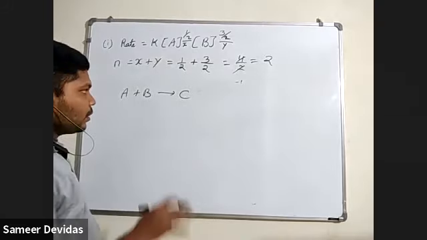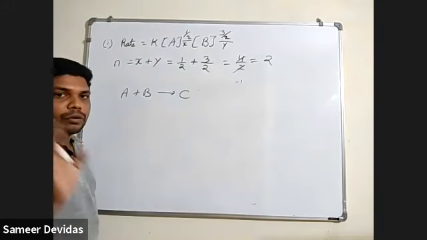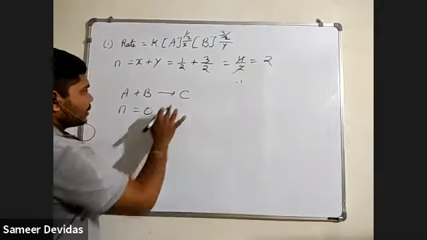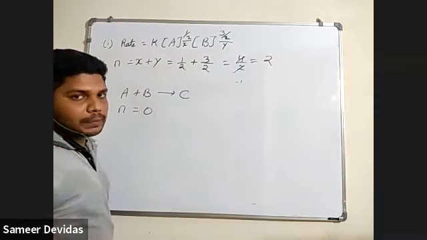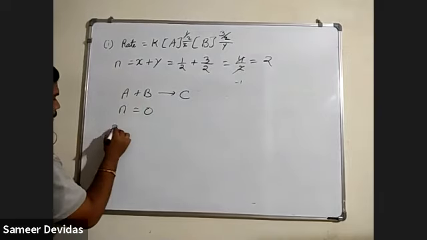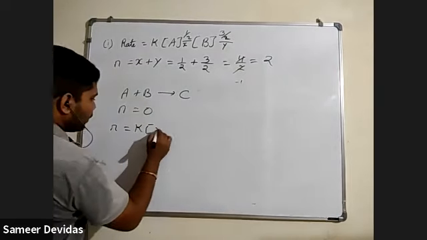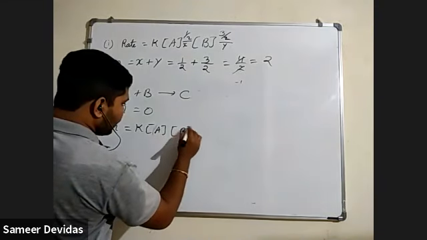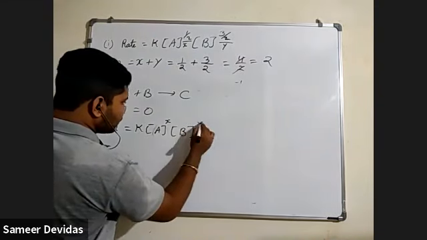First of all, students, which order have they told us? Zero order. That means n is equal to 0. They told us to write down the rate law expression, so we just need to write it for A and B. So R is equal to K, A and B. So A is X, B is Y.